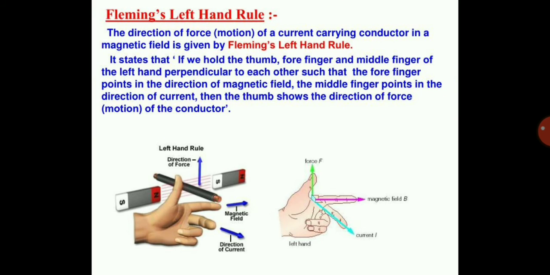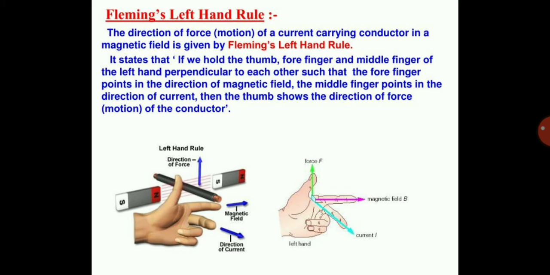Okay, so on this basis they have derived Fleming's left hand rule. See the picture over there, how they have kept the fingers. The thumb is upright, the index finger is at the front and the middle finger along the side. So the direction of force on a current carrying conductor in a magnetic field is given by Fleming's left hand rule.